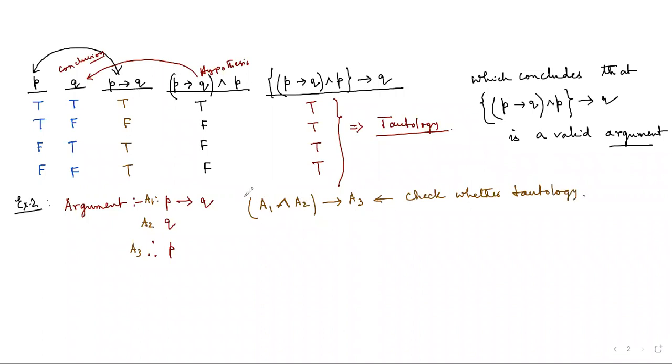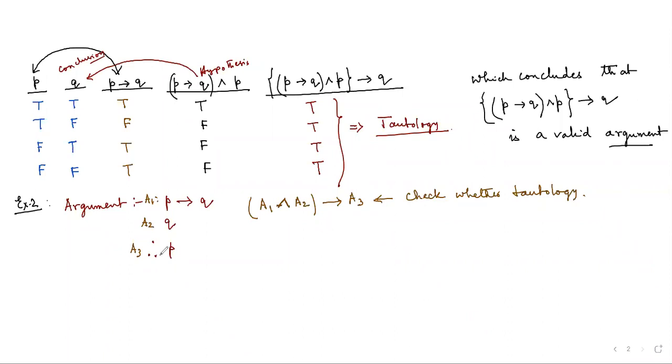Okay. Now, what does it mean? It means that if a person takes 2 doses of covaxin, that implies his chance of not acquiring the disease is 80%. And suppose his chance of not acquiring the disease is 80%. Together they imply that he has taken the 2 doses of covaxin.